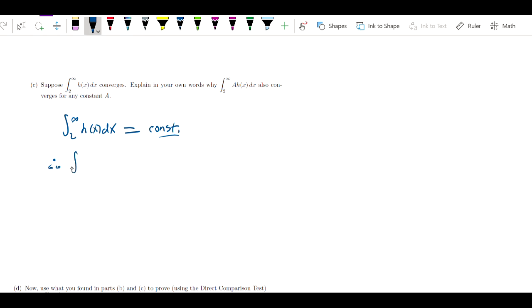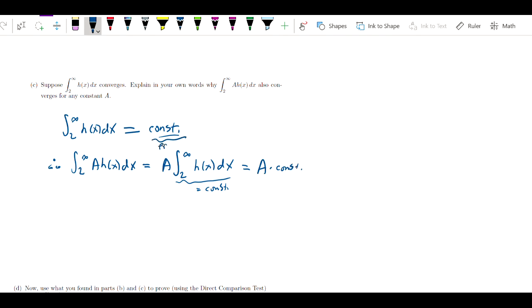Well, if that's the case, therefore, the integral from 2 to infinity of a h of x dx is equal to, I can use the linearity property. We didn't require you to do this in the problem, but technically I can pull that constant out, and we know that this is just equal to that constant that I mentioned. So this is equal to a times a constant.